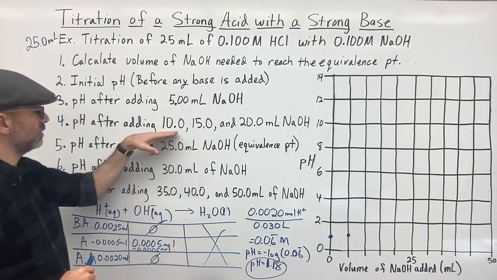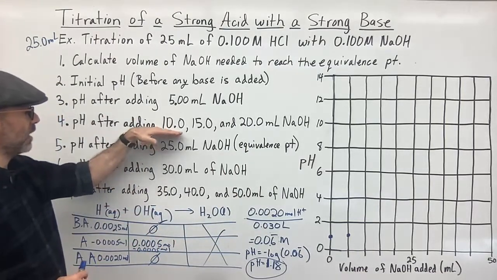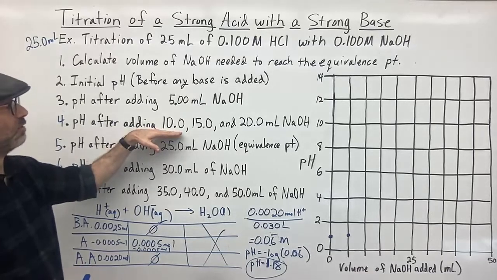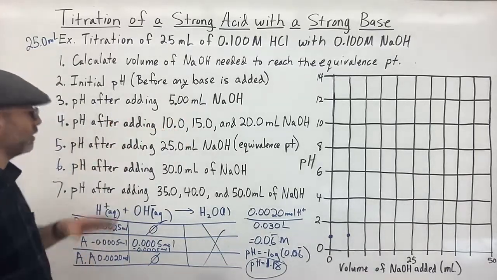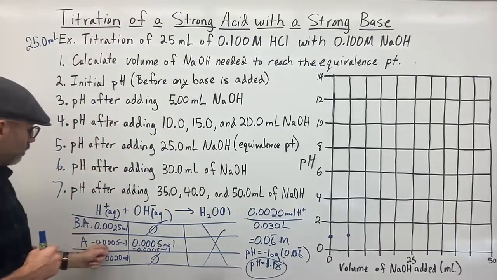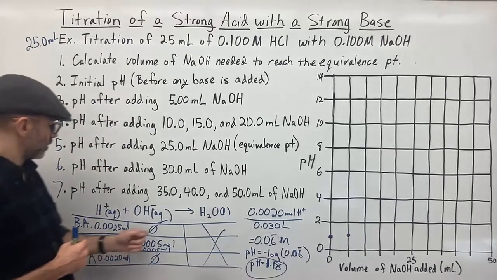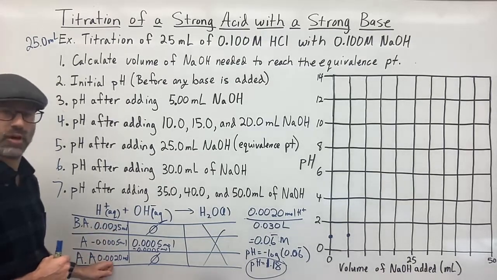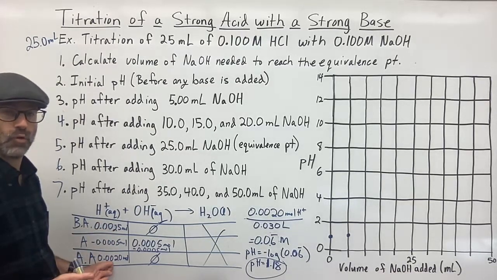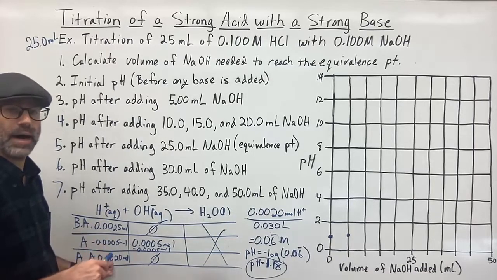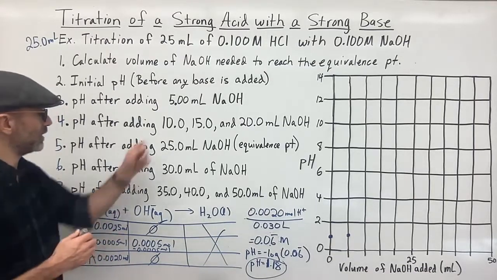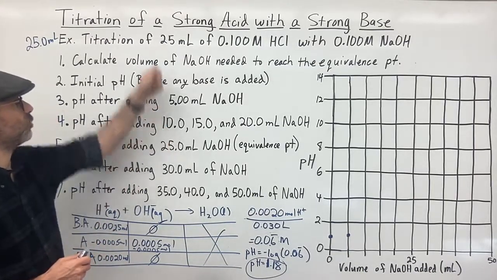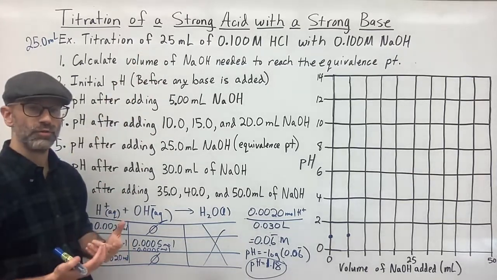So if at 10 milliliters, I would use the 10 milliliters of the base and then calculate the number of moles, put the moles here, and then subtract those moles from your original number of moles, and then you'll have some moles of your H plus left over, and then you're going to want to divide that by the new volume. So at 10 milliliters, I add 10 to 25, so the new volume is 35 milliliters.